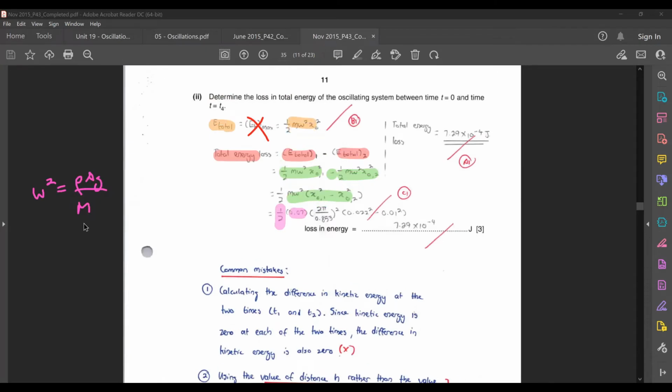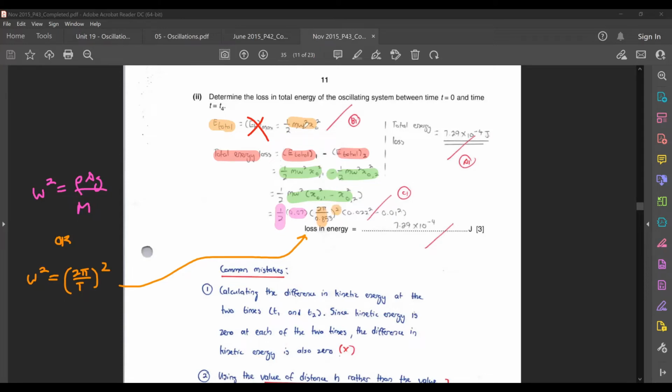You can either use this to find your omega, or you can just say omega is 2 pi over T, squared. Either one would be okay for you to use. In my case, I use 2 pi over T squared because I already found out the period from the previous question. So just remember to square the term.